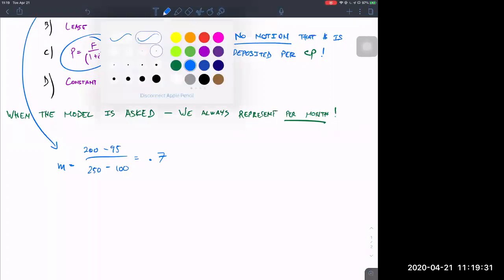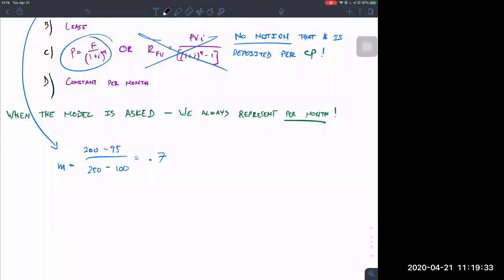So the number 1 issue that people have if they don't get the slope is that they forget to put the parentheses around this. Mostly people forget to do that, because then the numerator is dividing only by 250 instead of the difference between 250 and 100. And that's why the slope can be off. The other thing that I see students get incorrect is that they plug in this information incorrectly to get the cost function.